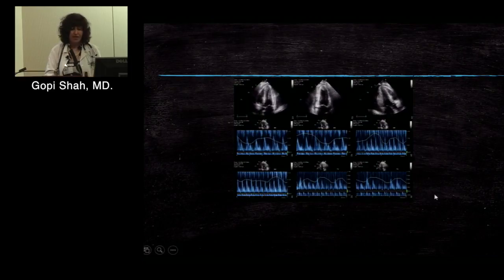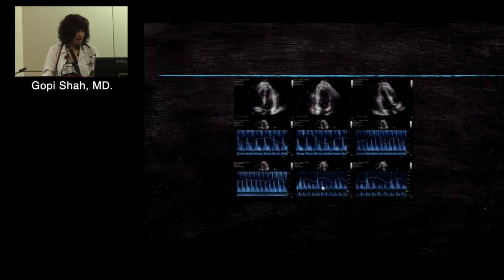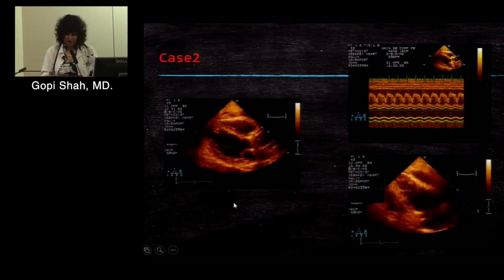And you all know how to calculate the difference that we look for. We look for more than 25%. Again, you're seeing a little bit of a septal bounce here. So this is a patient who has effusive constrictive physiology.